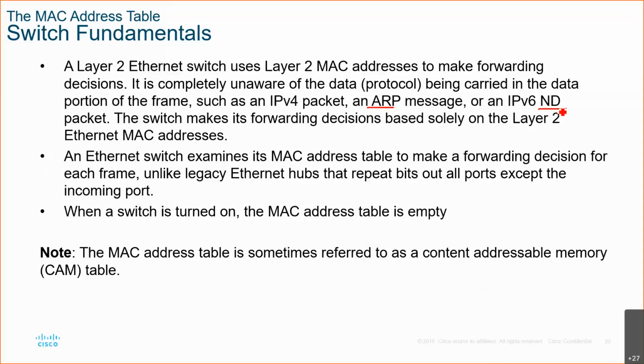When you first switch on your switch, the MAC address table is empty. Then as it detects activity between devices, the table will get filled up. You can also call your MAC address table a CAM table, content addressable memory.